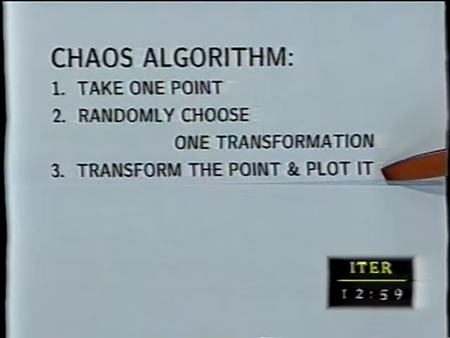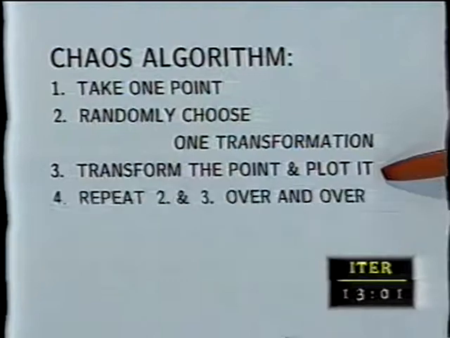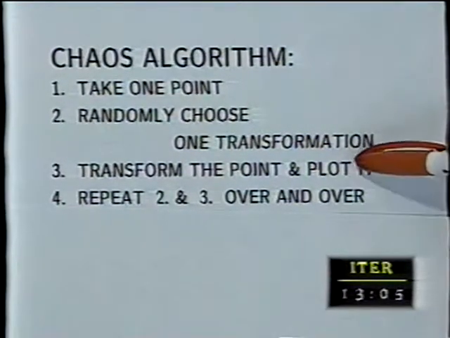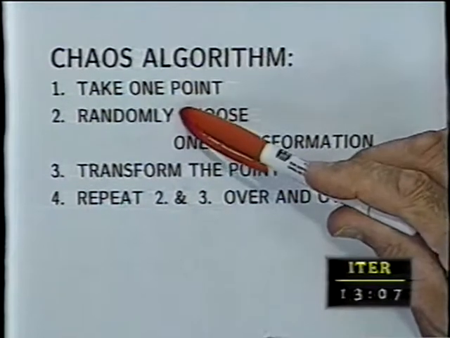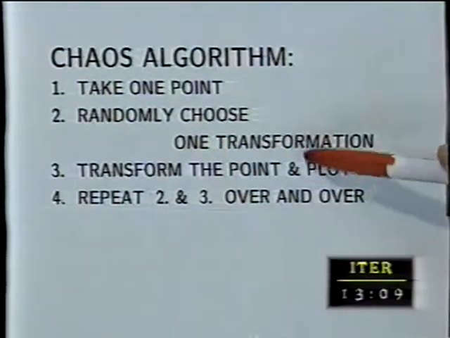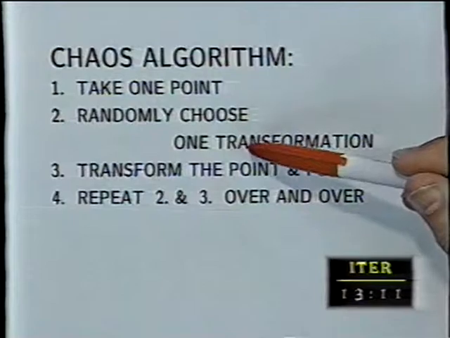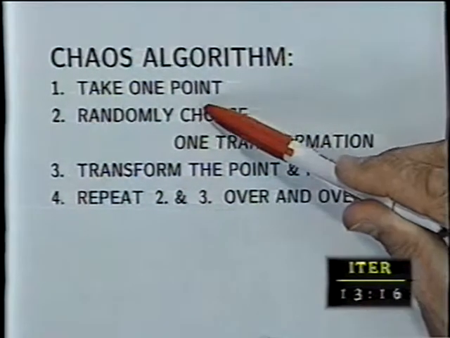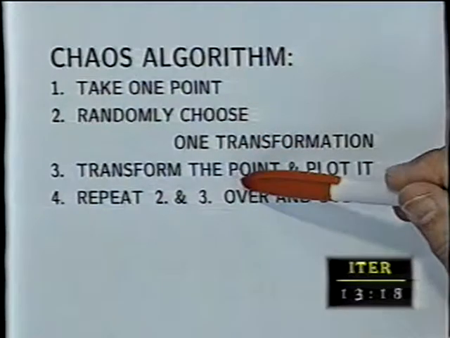I've only done one calculation. Now I just do this over and over again. You've got that point plotted. Go back and randomly choose a transformation. Run that new point through that one transformation you've chosen and plot it. Now you've plotted a point. Run it through some randomly chosen transformation and plot it.